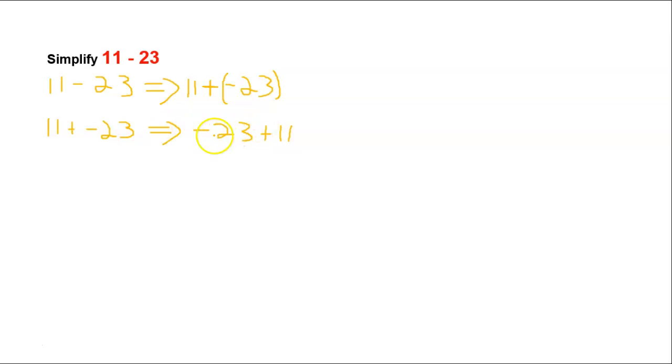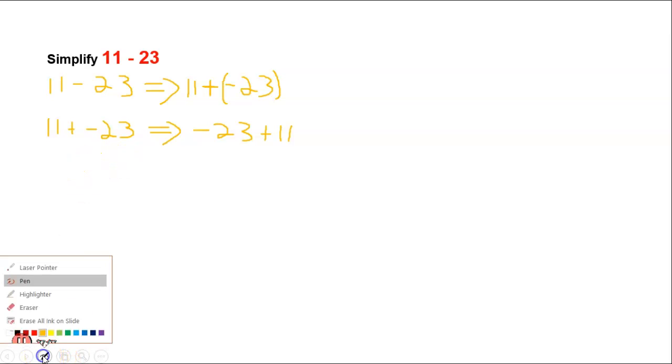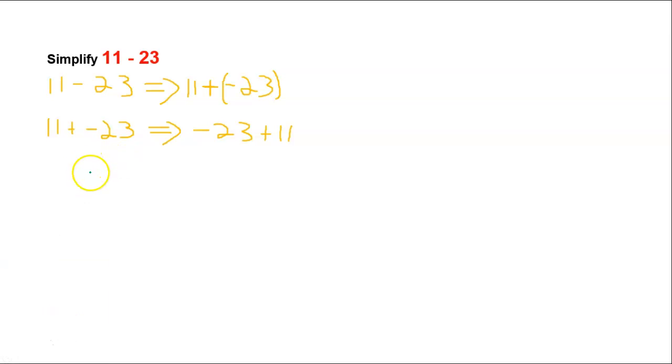And again, since the signs are different, we subtract and keep the sign associated with the larger number. So we say 23 take away 11 equals 12.